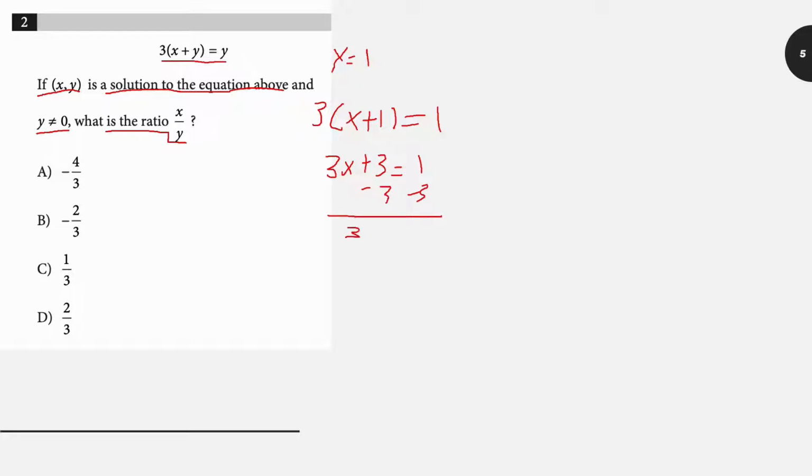You get 3x equals negative 2. Divide by 3 on both sides, you get x equals negative 2 over 3. You want to keep it as the ratio x over y, so you get negative 2 over 3 divided by the y value, which is 1. Anything divided by 1 is the same value as the number on top, so the answer would be negative 2 over 3. That's answer choice B.